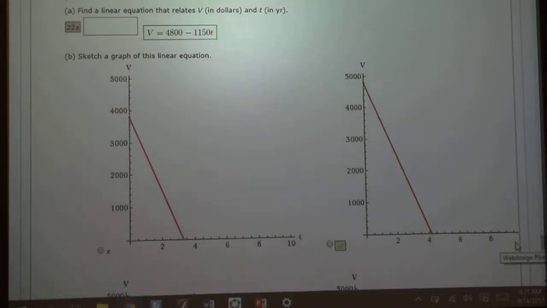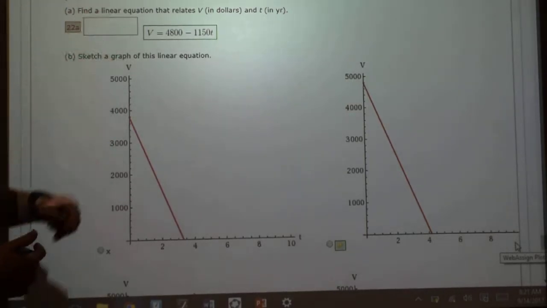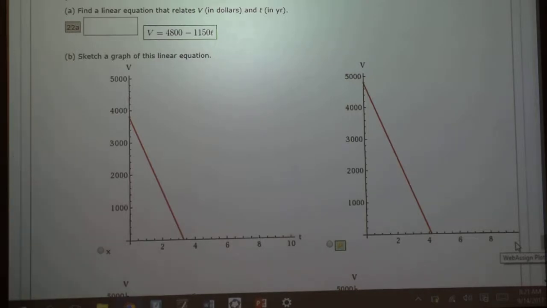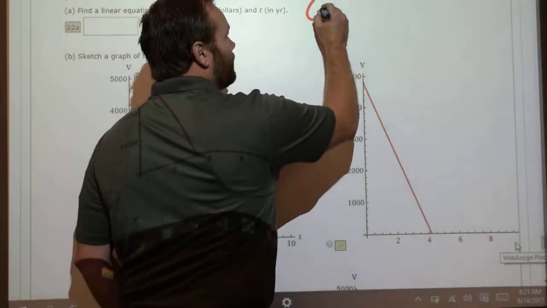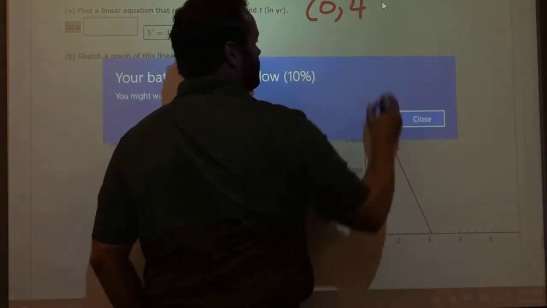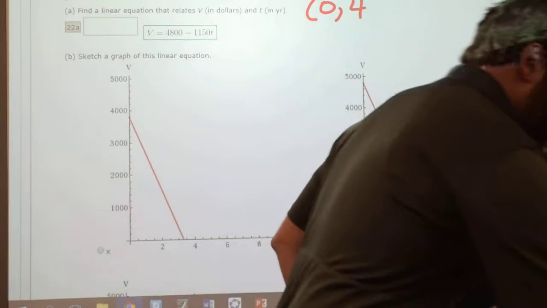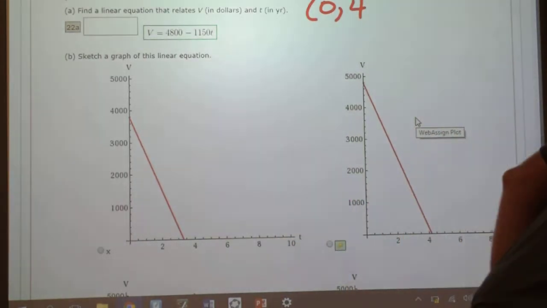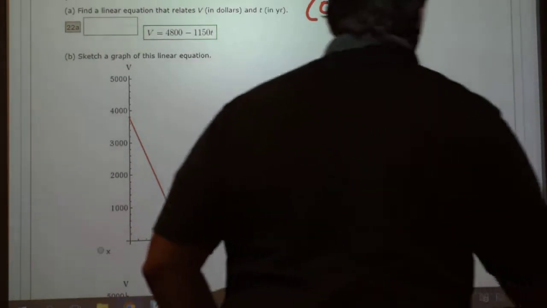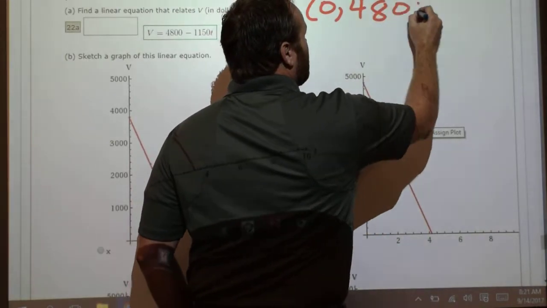Hopefully the picture isn't too bad. So a small business buys a computer for $4,800. So at year zero, we are at $4,800. We'll write that in order to pair up.